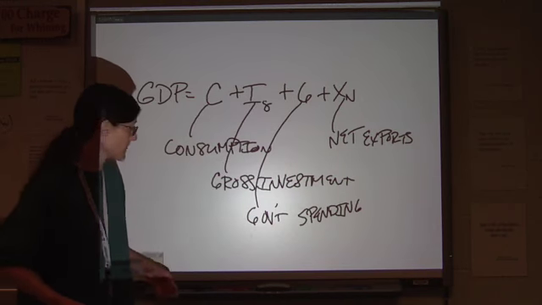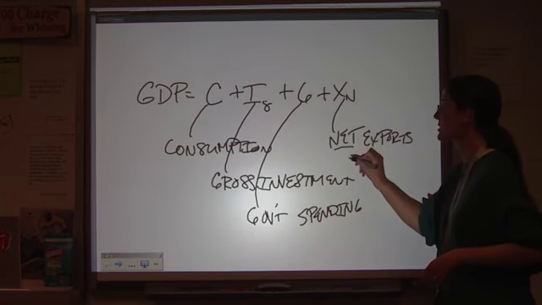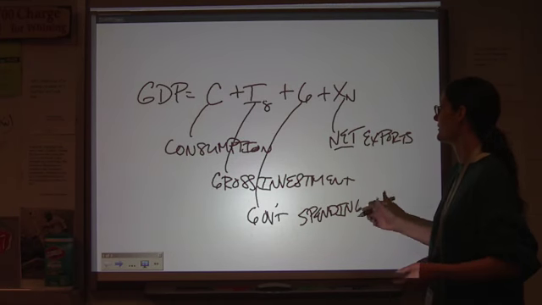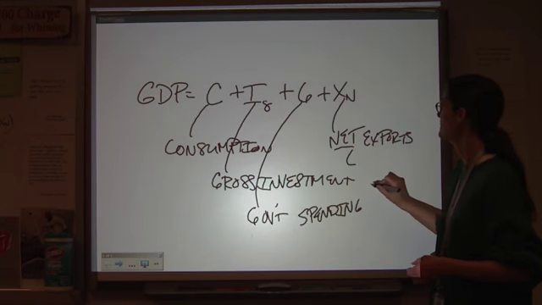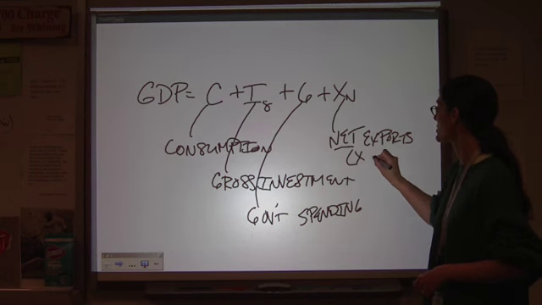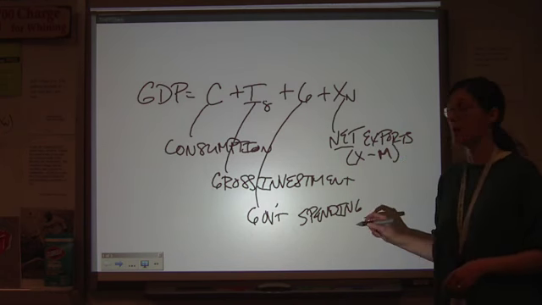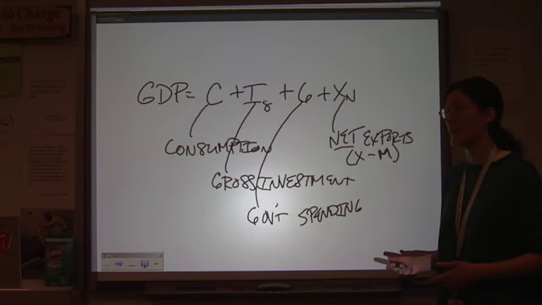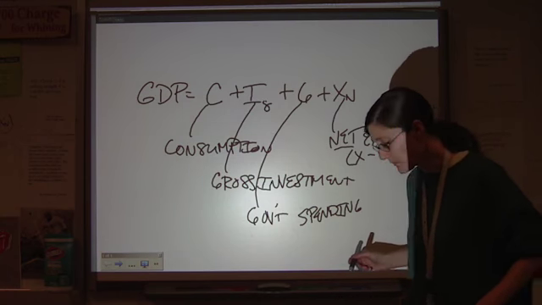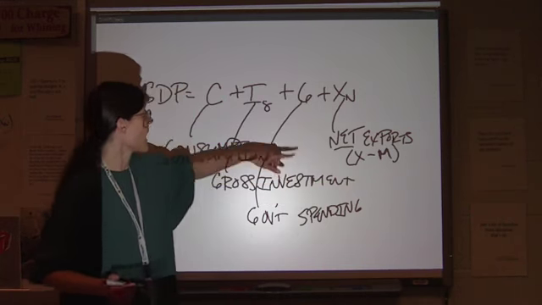Anytime you see the term net as opposed to gross, it's net because you are subtracting something out of it. So for net exports, you might see this written as exports minus imports, maybe X minus M. If the M is bigger, then it's a negative number, so we're actually subtracting that off the end. So, net means you're subtracting something out.